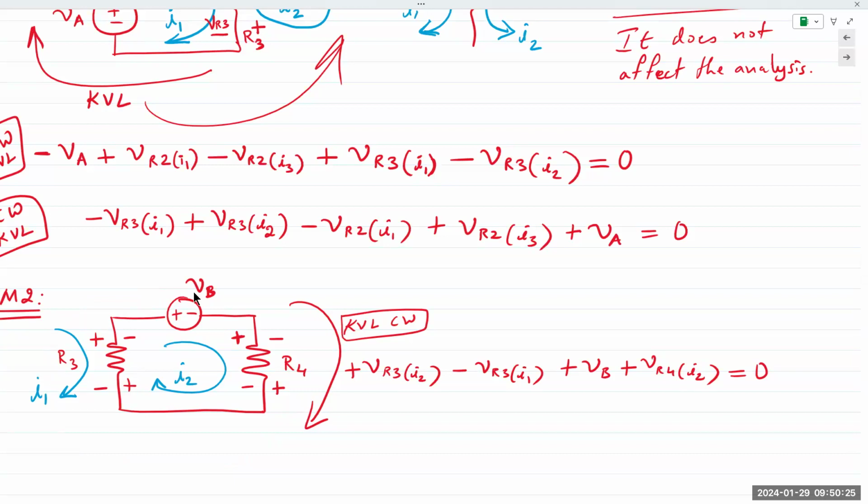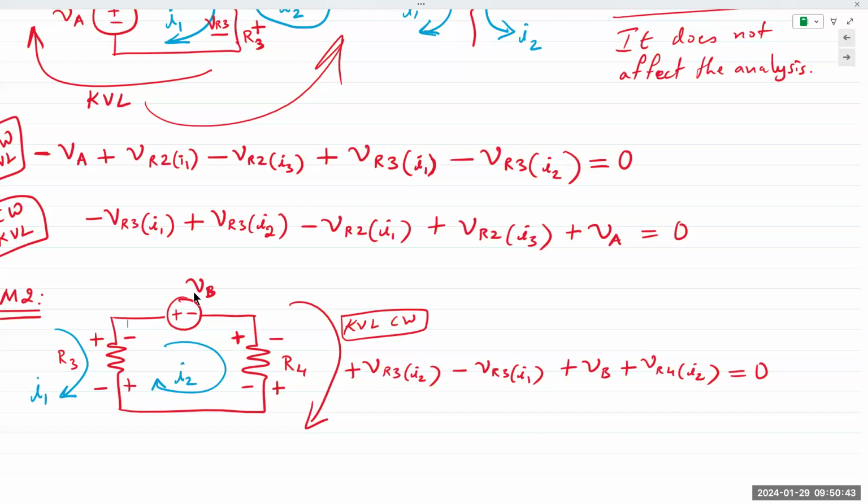So again, going back to node voltage analysis, we assume branch currents. The reason we assume branch currents is because we want to describe the component resistor voltages in terms of the node voltages. So we apply KCL. In mesh current analysis, we are choosing mesh currents.